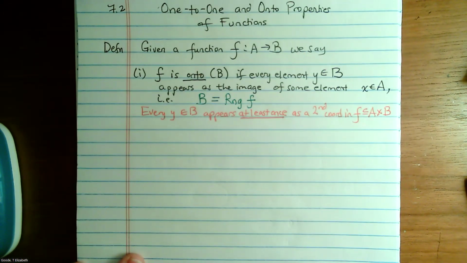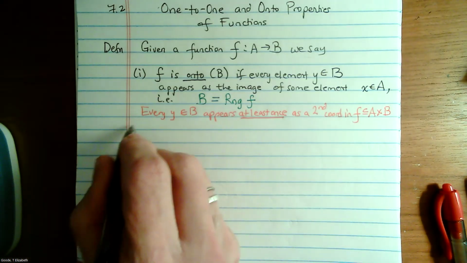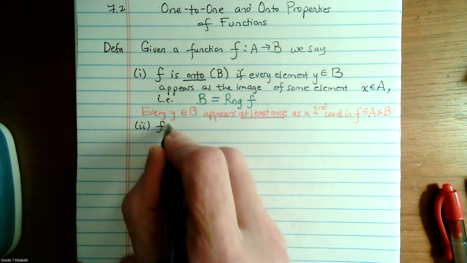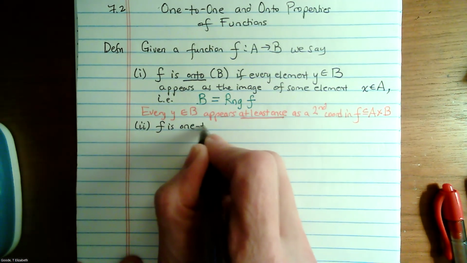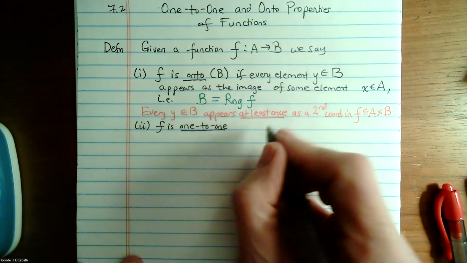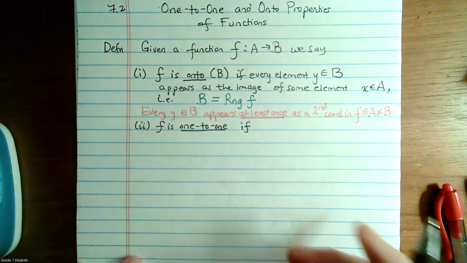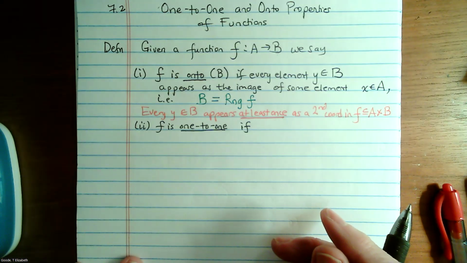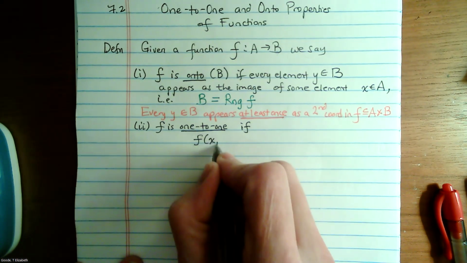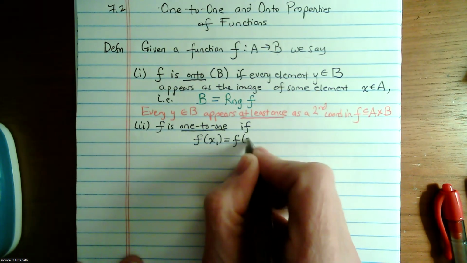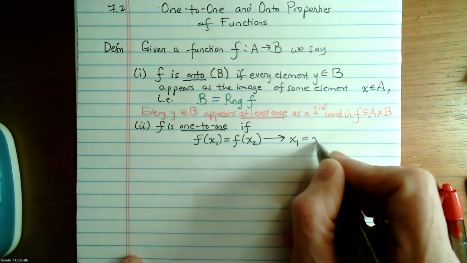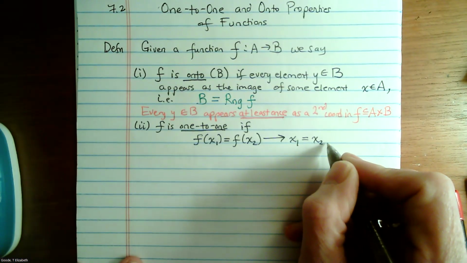Okay. Now, that's onto, but the other game that we're going to play is the one-to-one game. f is 1-to-1 if, and now this definition is an if-then definition, an if P then Q definition, here we go: f of little x1 equaling f of little x2 implies that little x1 is actually equal to little x2.